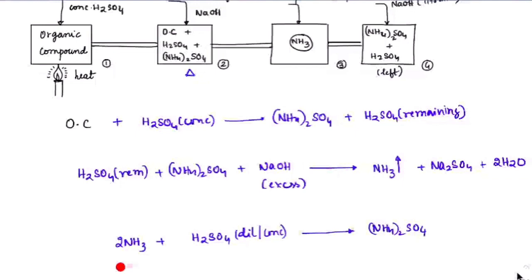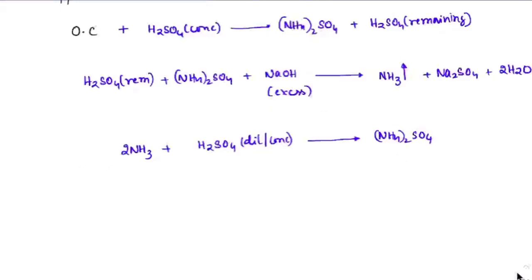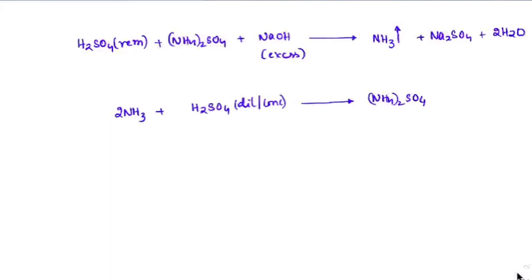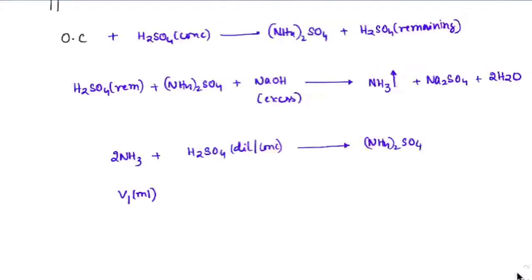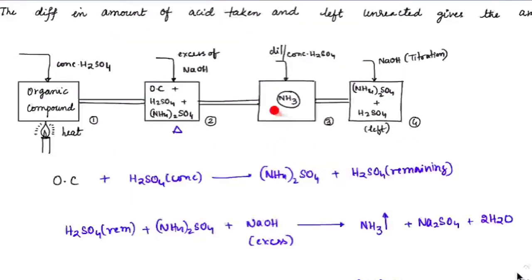But the problem is the amount of H2SO4 you are taking may be in excess also, which means a larger volume might be used. Suppose the ammonia which has been released has V1 volume in ml. I am absorbing the ammonia which has come here in water. Got it?